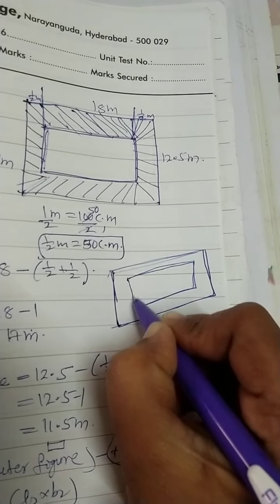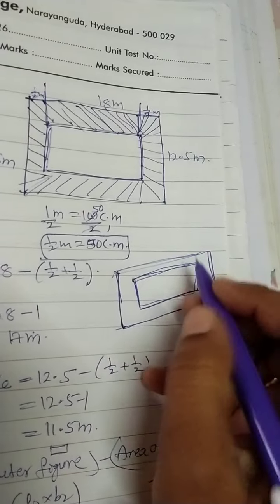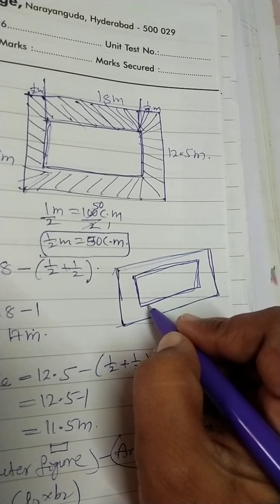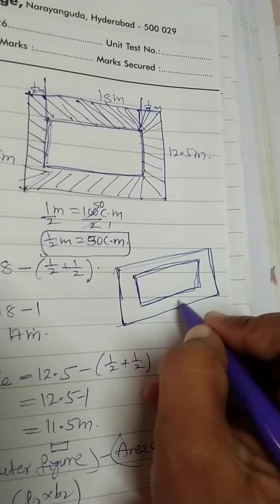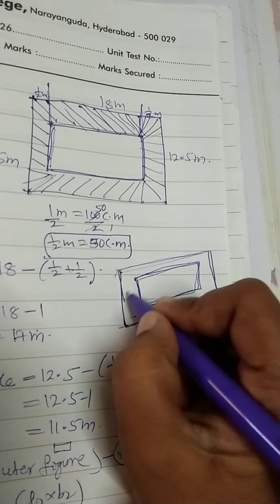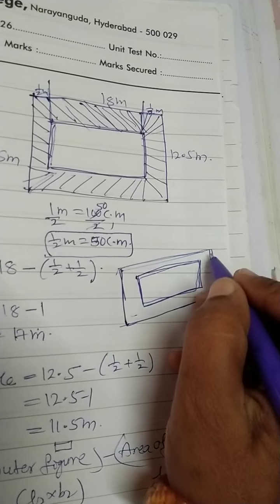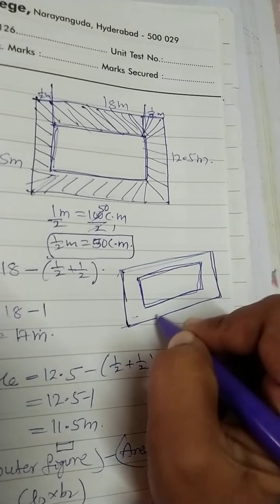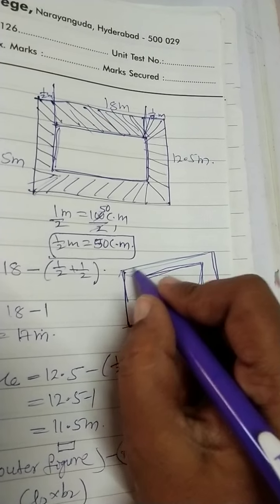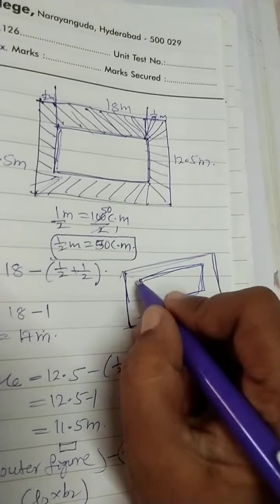How did they lay that carpet? Near the sides they have given space, and it is not covered with carpet. This is the empty space which is not covered by the carpet.